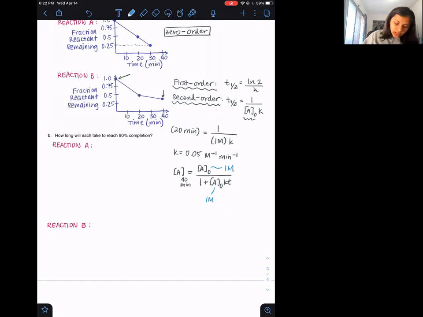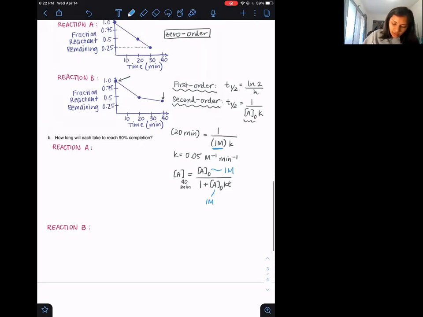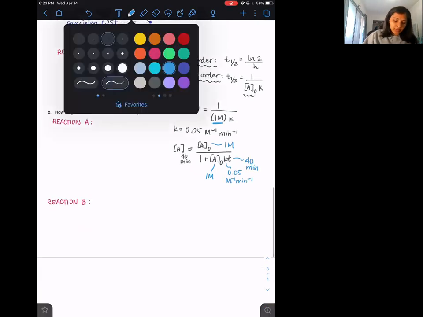This was also 1 molar, as we have determined an arbitrary concentration. And then K would be 0.05 per molar per minute. And we're trying to determine for the 40-minute time point. So T is 40 minutes.